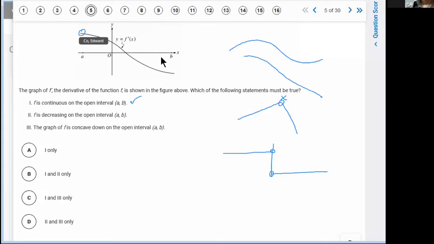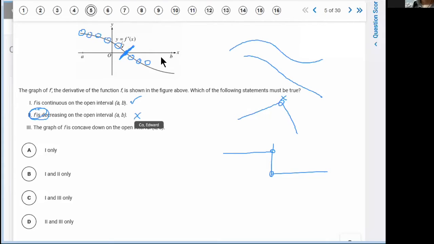We are still gaining, we're still gaining, and not until here do we stop gaining and start losing money. So is the original function F decreasing over the whole graph? No, we were still making money. So we know this is false.